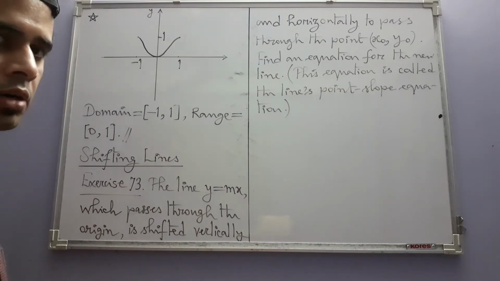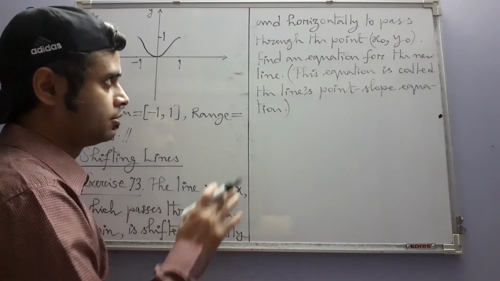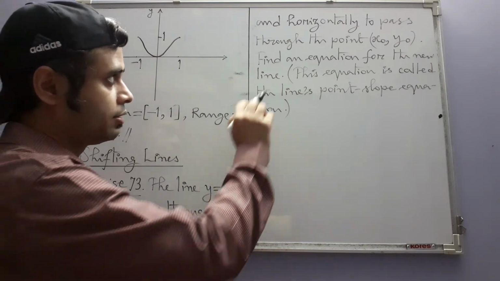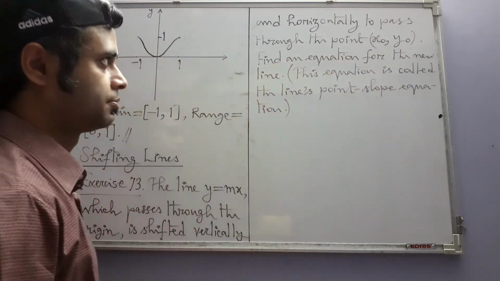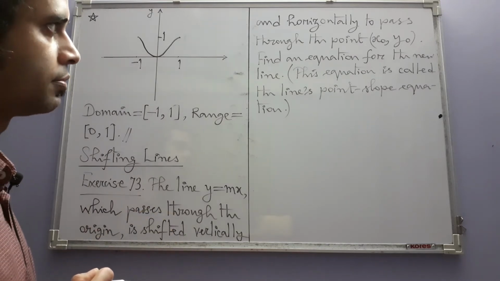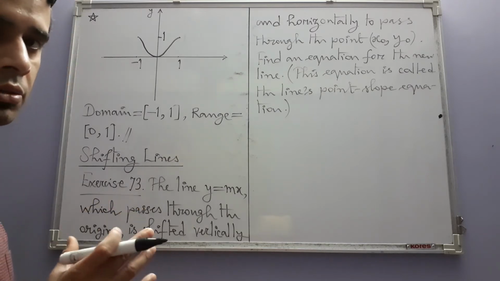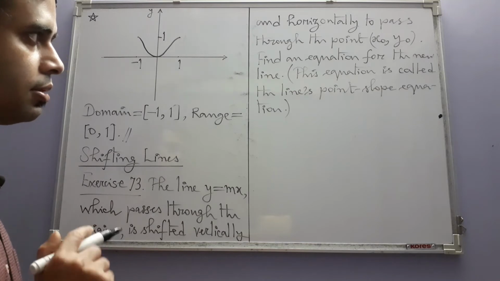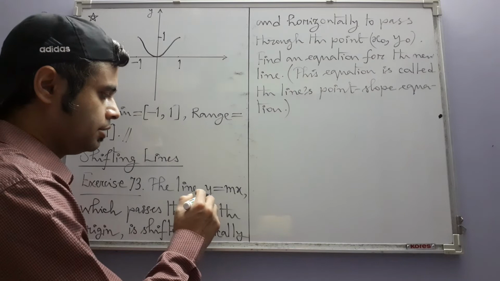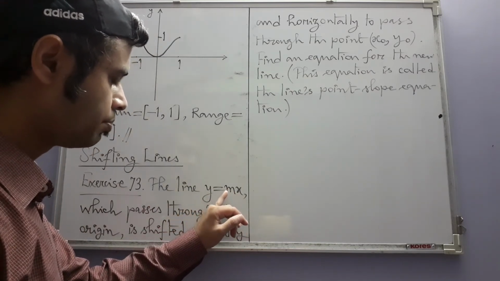You do whatever kind of shift you want in order to bring the line to a position where it will pass through this point. Now we have to find the equation of this new line, and whatever equation we find is going to be called the line's point slope equation, because you can see one thing. This line has slope m.